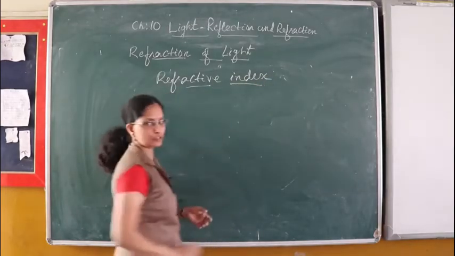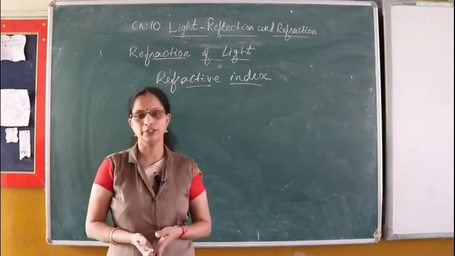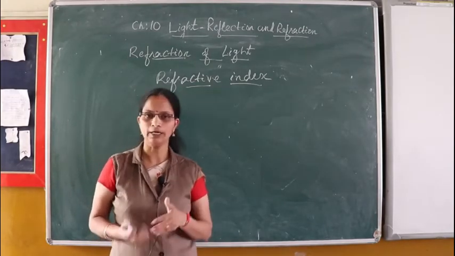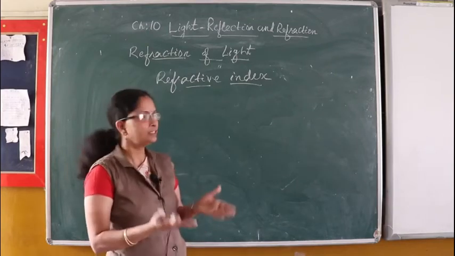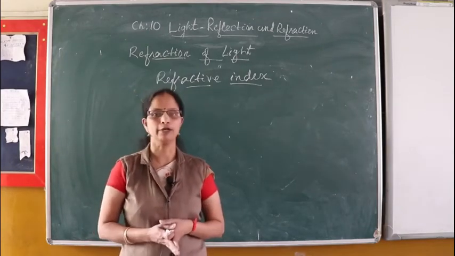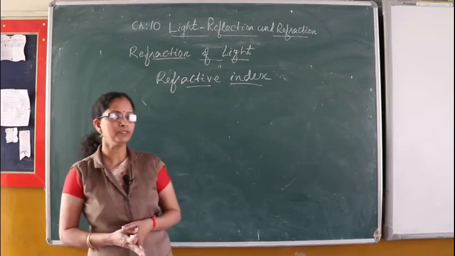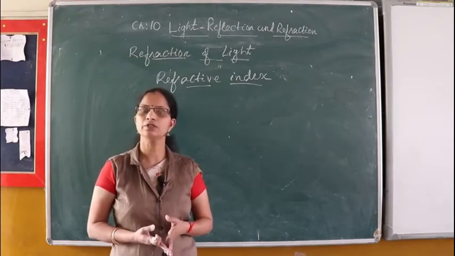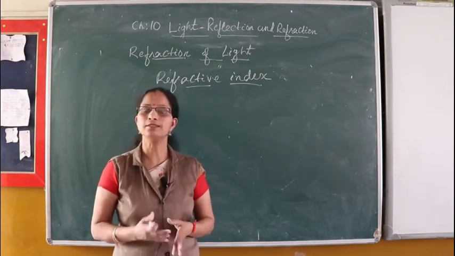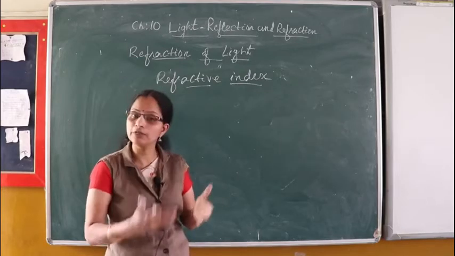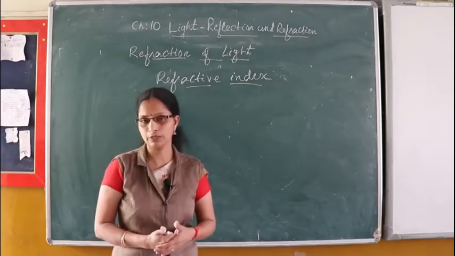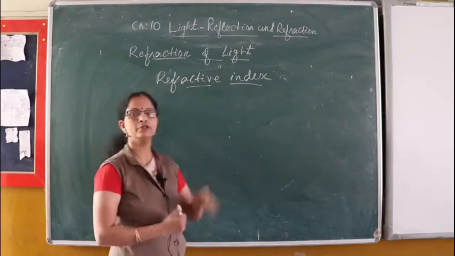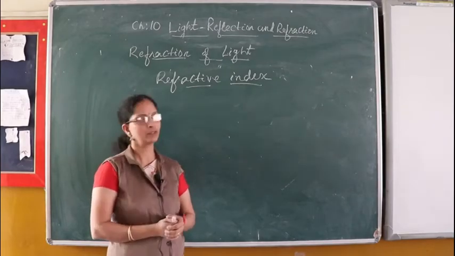Refractive index shows the extent of deviation when light enters from one medium to another. And we know that deviation depends upon the speed of light, because the speed of light is not the same in all media. In different media, light travels with a different speed. So the extent of bending, the change in the path of propagation of light, is expressed in terms of refractive index.